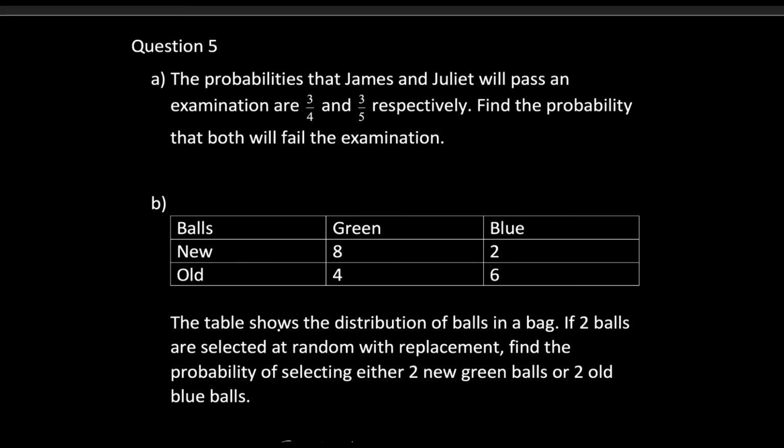Let me take the question again. The table shows the distribution of balls in a bag. If 2 balls are selected at random with replacement, find the probability of selecting either 2 new green balls or 2 old blue balls. So first, we need to find the total number of balls in the bag.